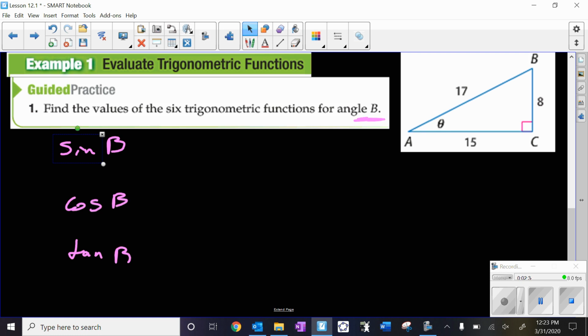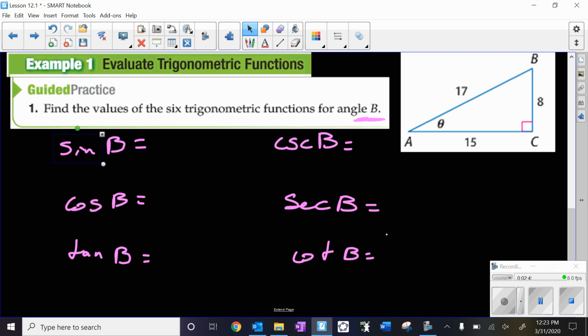Cosine of B, tangent of B. And then I also want to find cosecant of B, secant of B, and cotangent of B. That will give me all 6. Everything relates to angle B.